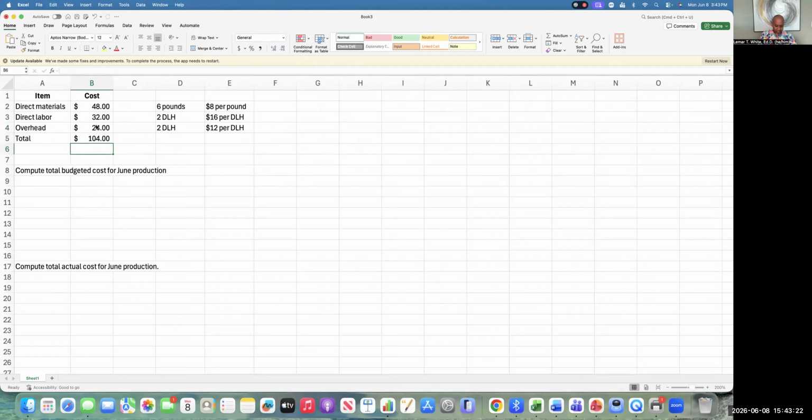Moving to part two. Part two says compute total budgeted costs for June production. Again, this is just the budgeted cost that you're computing, and you need to actually do the calculation. The question tells us that there were 8,000 units produced.